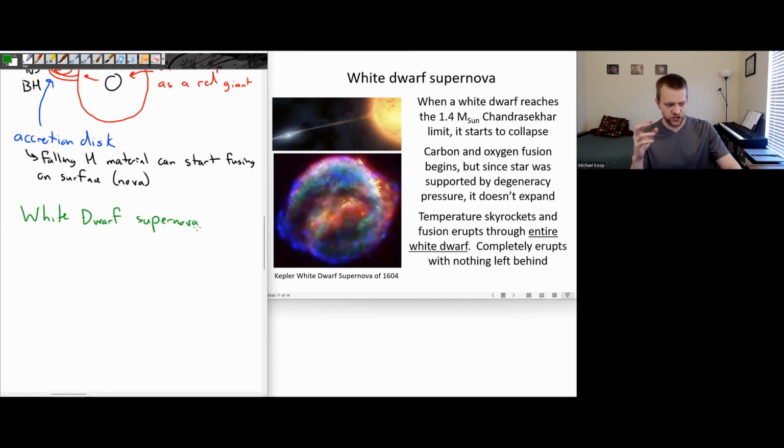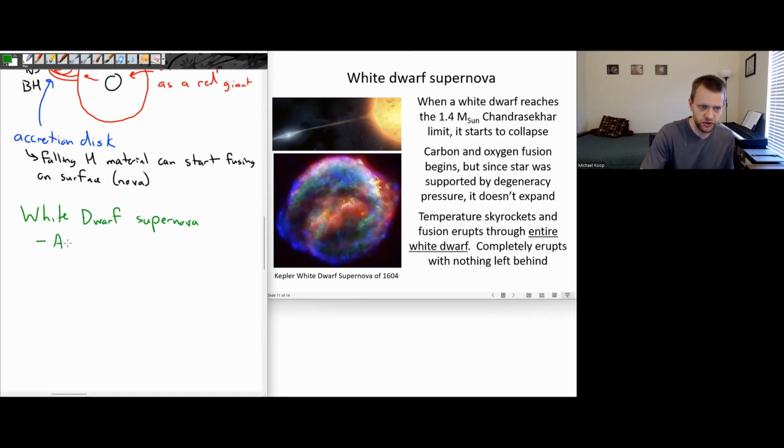Again, this white dwarf, if it has accreted some material from a neighboring star, and accretes too much material and passes over this limit, the electron degeneracy pressure fails.